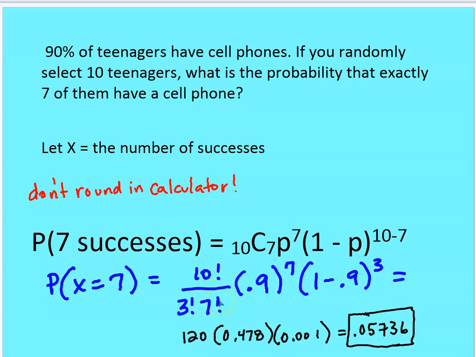And so we get, and by the way, 10 factorial means 10 times 9 times 8 times 7 times 6 times 5 times 4 times 3 times 2 times 1. I'm assuming that you know this going into this lesson. We might have to pause here for a moment to evaluate what factorial means.